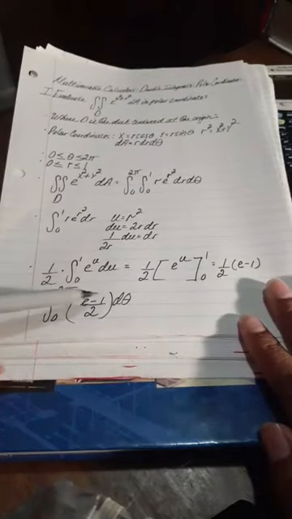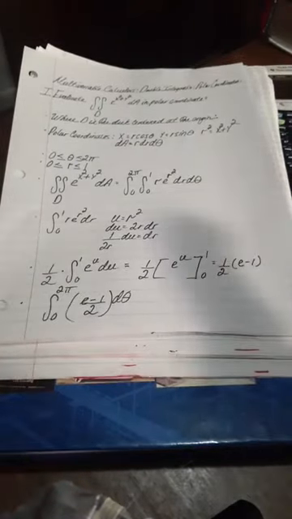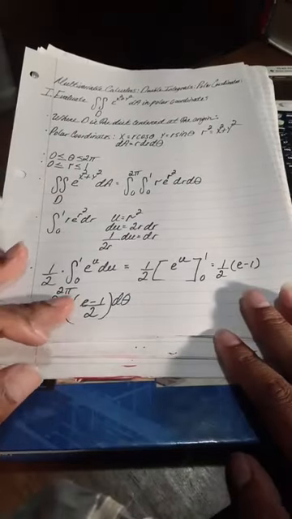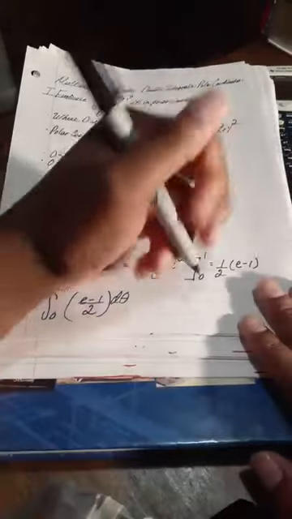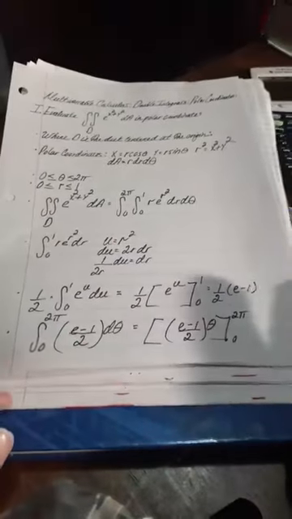Since we're integrating with respect to theta, there is no theta in our integrand, so that means e minus 1 all over 2 is a constant. When we integrate that, it's just going to be e minus 1 divided by 2 multiplied by theta, evaluated from 0 to 2 pi.